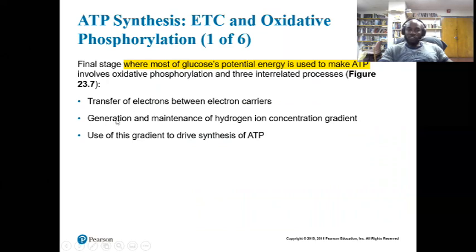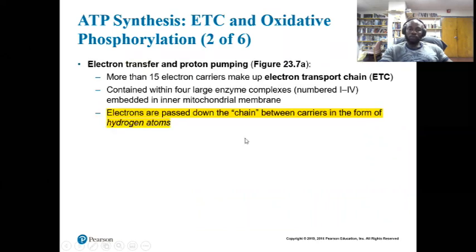Again, generation and maintenance of a hydrogen ion concentration gradient, and the use of the gradient to drive what we want. The goal is right here, synthesis of ATP. More than 15 electron carriers make up this chain, combined with 4 large enzyme complexes. Remember, enzymes are the catalysts embedded in your mitochondria.